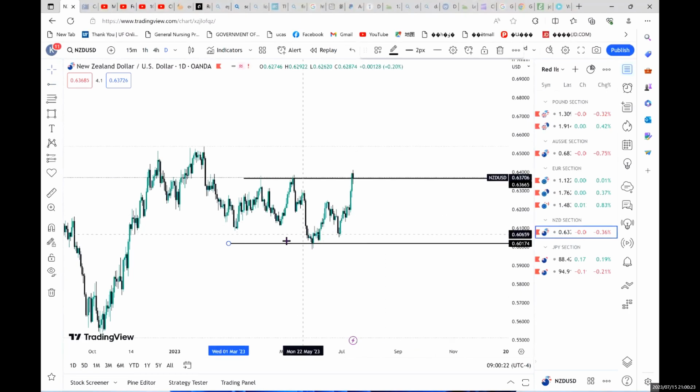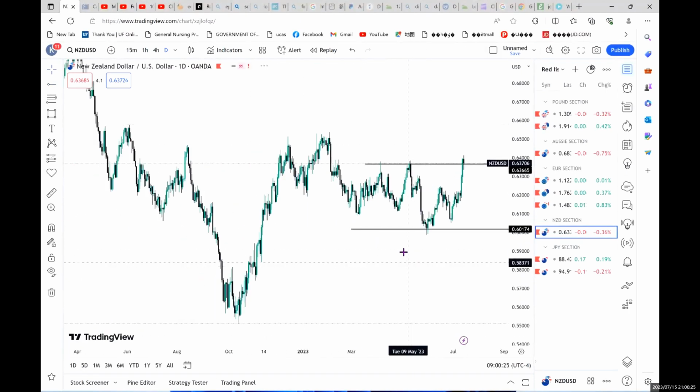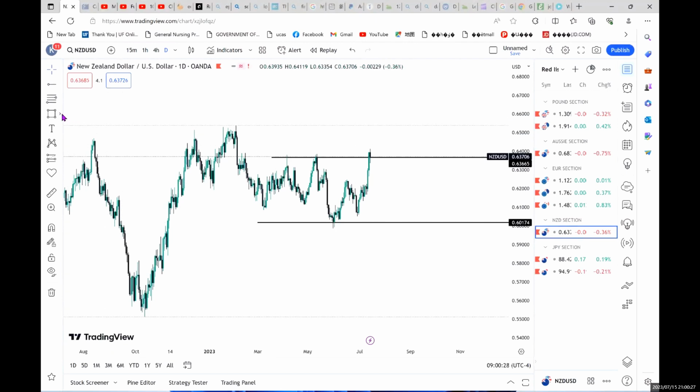So for NZD/USD, you can see we have lower high, lower low, lower high, and lower low. And our price is back up into this level here, this lower high and resistance point. So I think it is safe to say I will be looking for sales on NZD/USD at this level here.